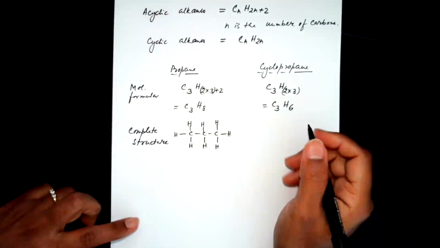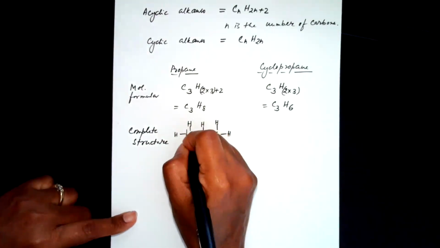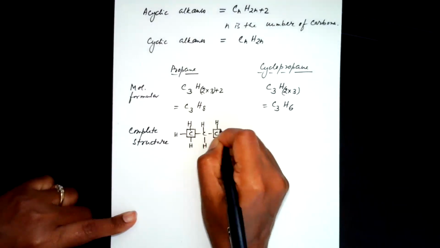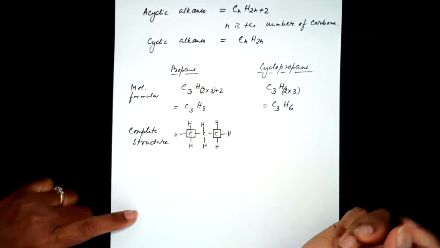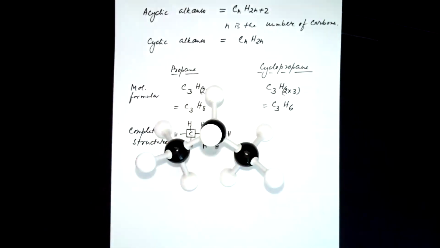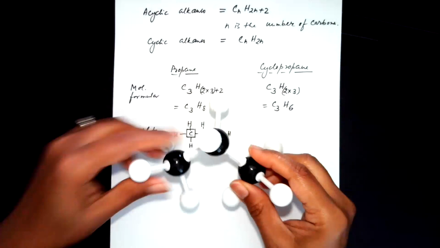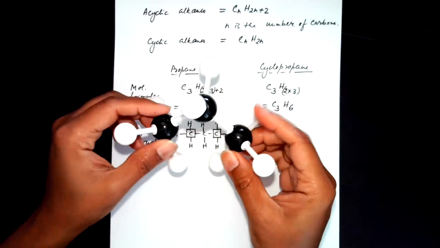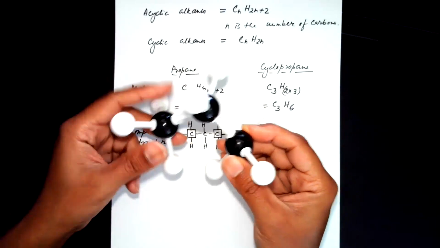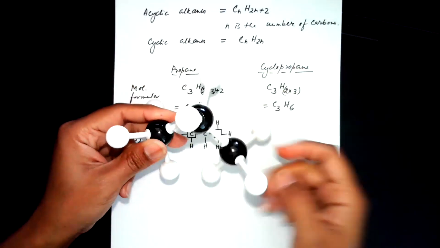For cyclopropane, I'm just going to take the first carbon and the last carbon and try to join them together. So let me show you with the model first, and then we would draw this out. I have this model of 3 carbons. Each carbon on the end has 3 hydrogens attached to it. The middle carbon has 2 hydrogens attached to it.